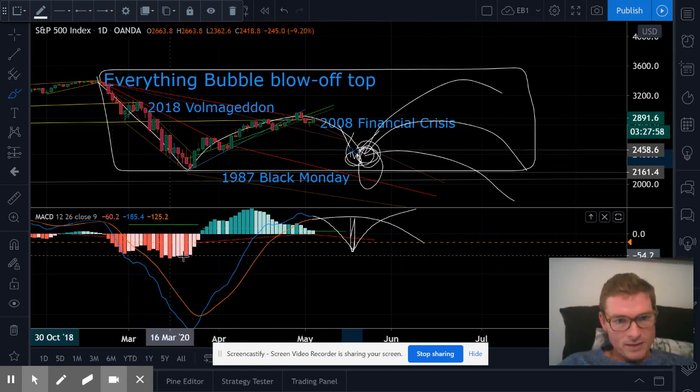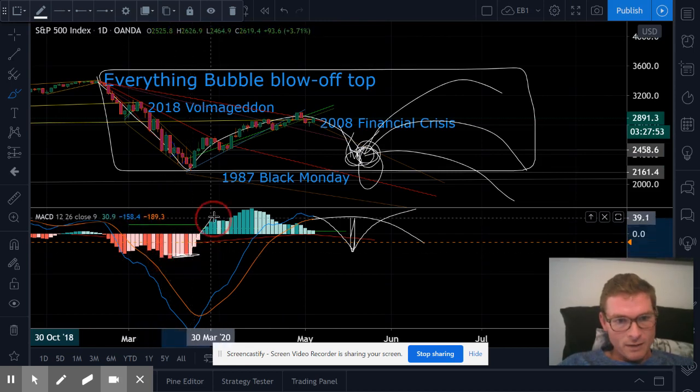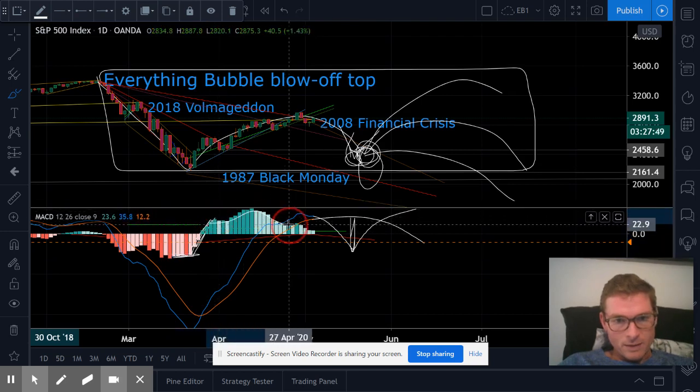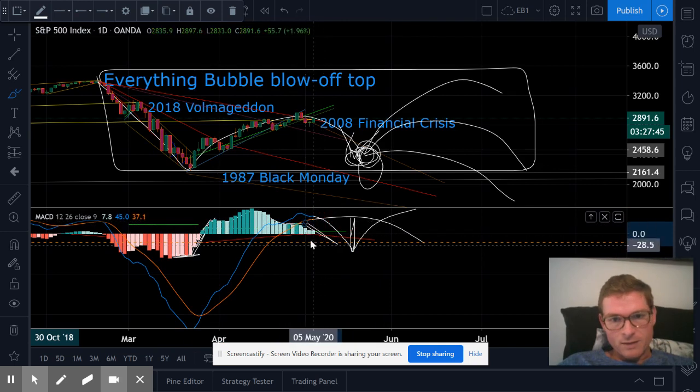We got pretty steep, and we did a flat area, and then a pretty hard switch, and then we got down to a flat area here, and this whole run up that we just got here did not increase the MACD at all. It's still decreasing, even during this parabolic looking move up.